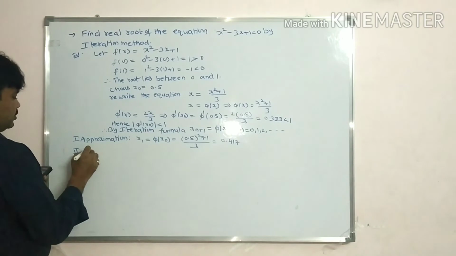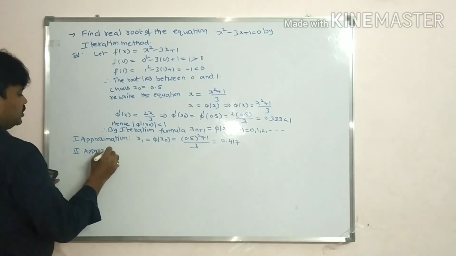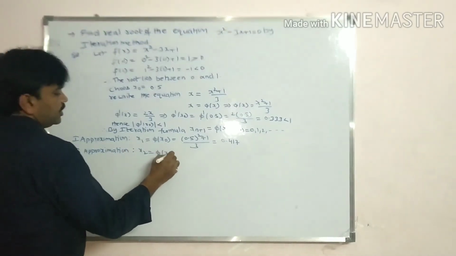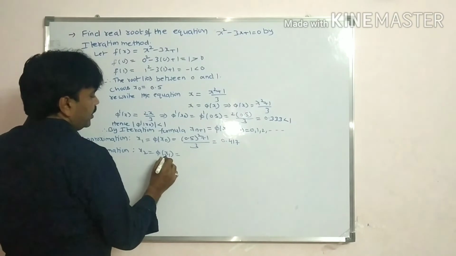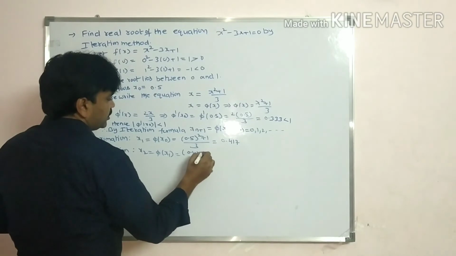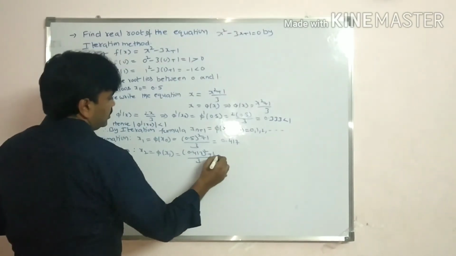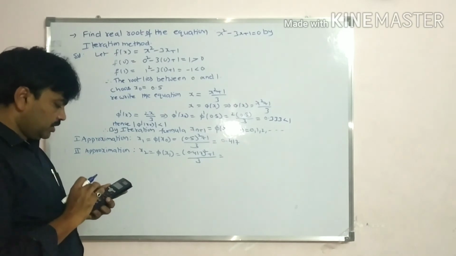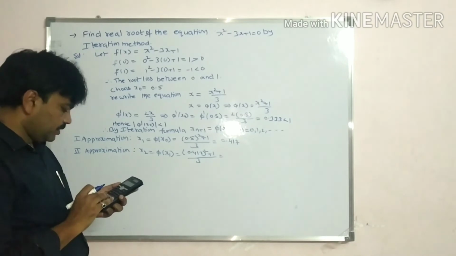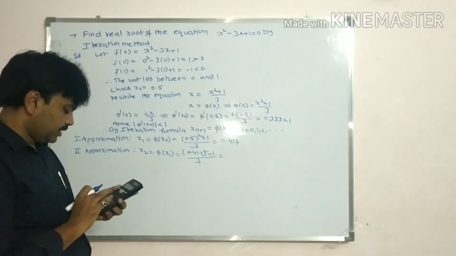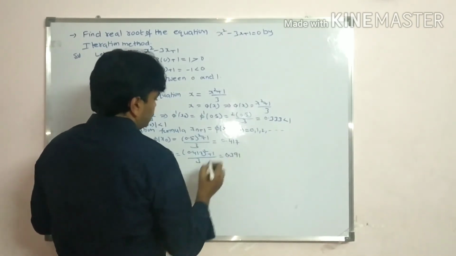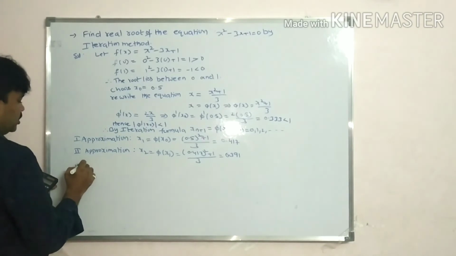Second approximation: x2 is equal to phi of x1, that is 0.417 square plus 1 by 3. We get here 0.391, students. So go to the third approximation.